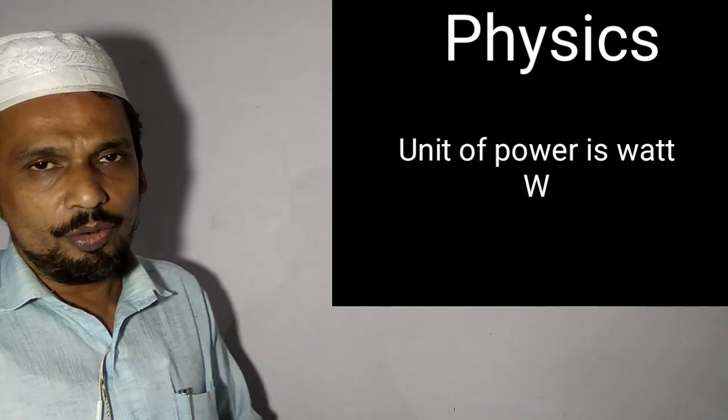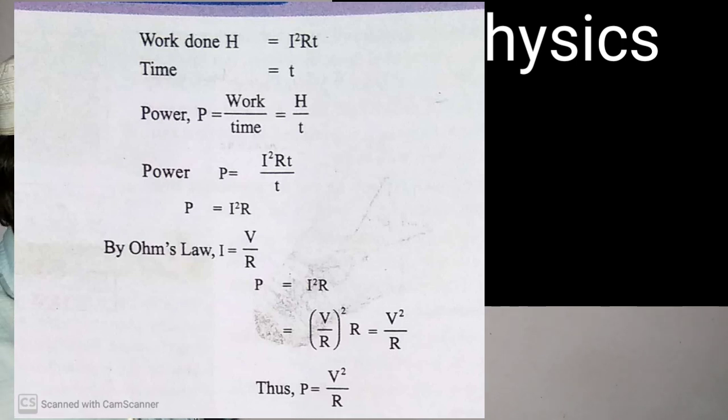According to Joule's law, we get H = I²RT. Since P = H/T, when we rewrite this equation we get P = I²RT/T, so P = I²R. That is the equation to find the power of a device.